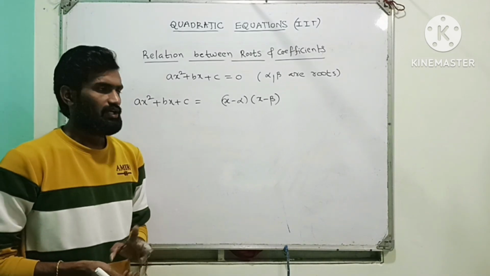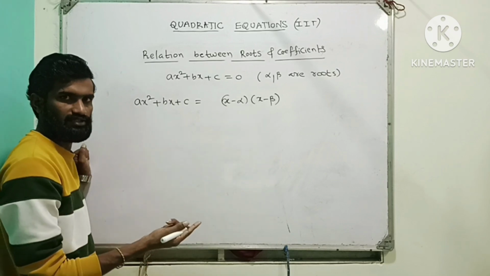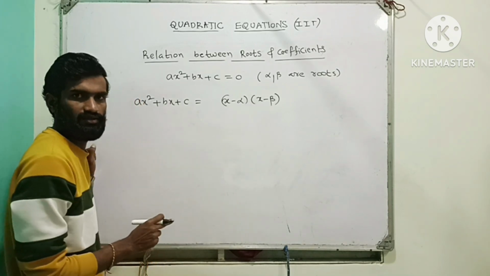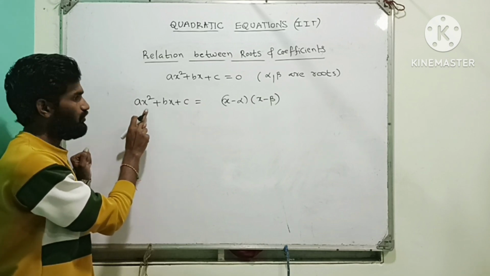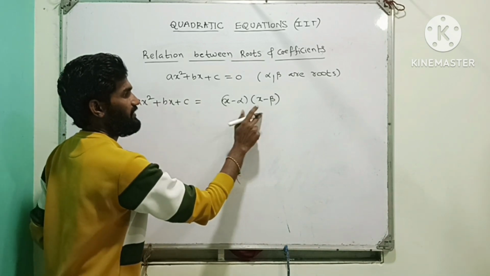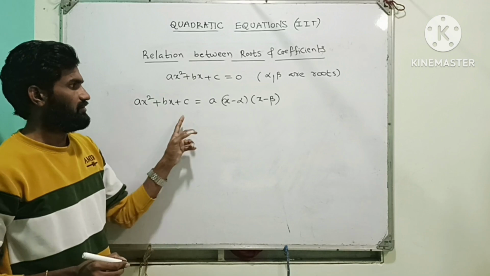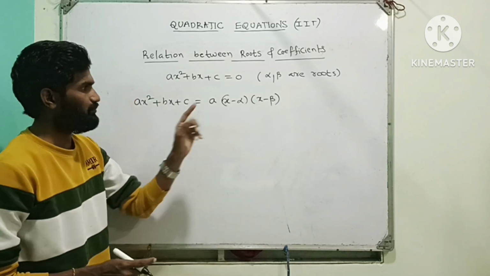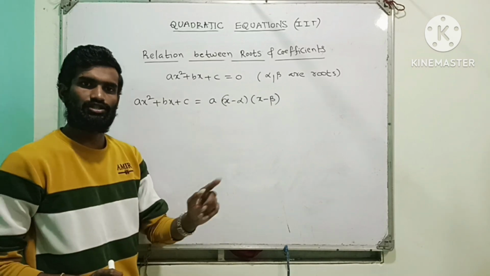But if you observe here, what is x into x? X square, right? But the coefficient of x square is a. So here we are not getting a, that's why we need to take a here. Now x into x is x square, into a is ax square.